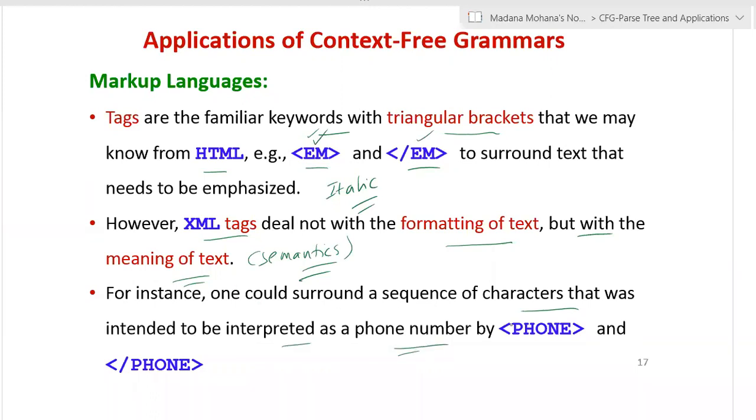This can be provided by using the XML tags, that is phone, then end of phone, which provides the meaning. Even for address, you can use ADDRESS, then end of address. Any tag which provides semantics is XML language, whereas HTML is only formatting or styling.